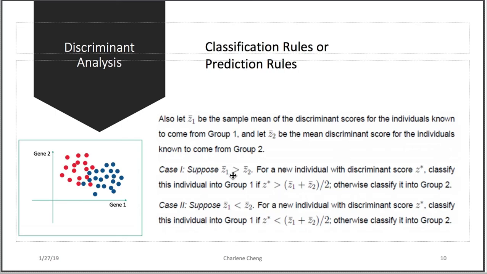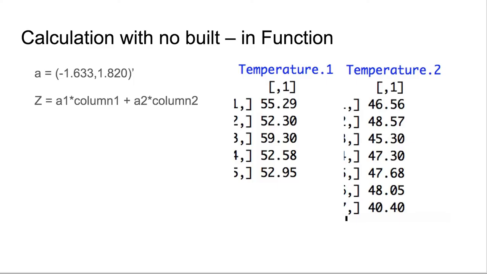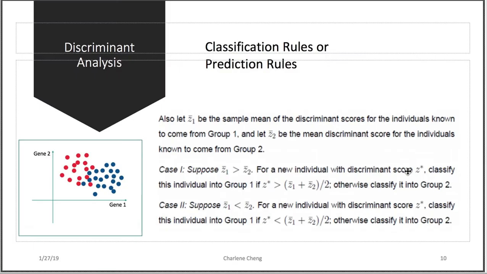If z1 bar is larger than z2 bar, then there's a new individual, and the new individual comes in with 2 columns. You want to use this formula to calculate the z star for the new upcoming observation. If the z star is larger than half of z1 bar plus z2 bar, then we want to divide it into group 1.